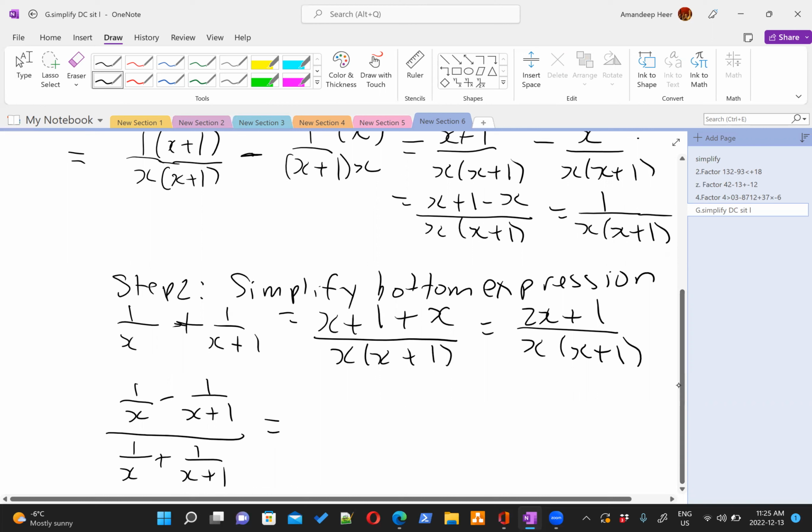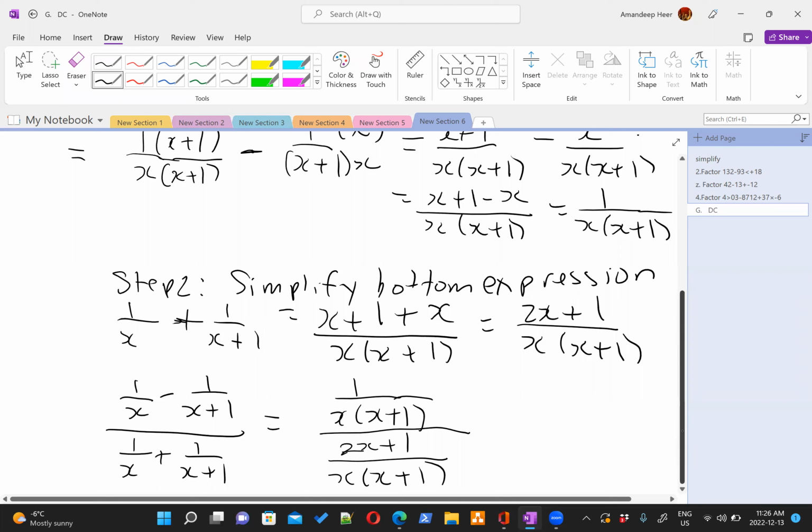So the top is 1 over x times x plus 1, and the bottom is 2x plus 1 over x times x plus 1. Now look what happens.